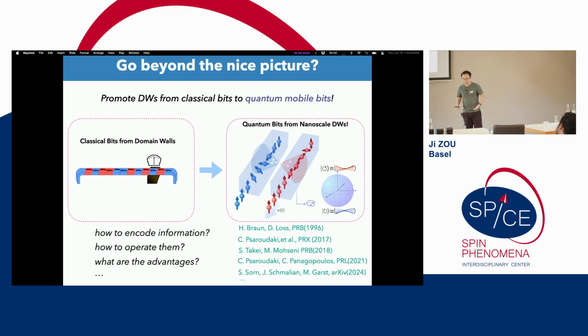These textures can now be made at the nanoscale, and if we cool the temperature down to, let's say, millikelvin, they should exhibit quantum phenomena. The question is, how can we harness this quantum coherence in the system? To this end, we need to answer many questions. For example, how do we encode the information, how do we operate them, and what are the advantages compared to the existing platforms? We should provide some argument at least.